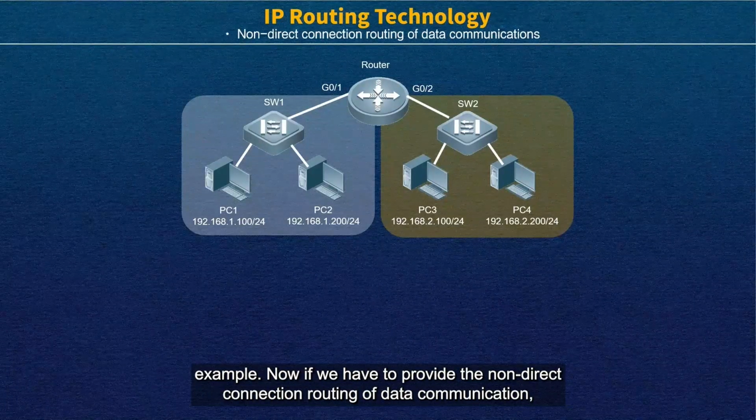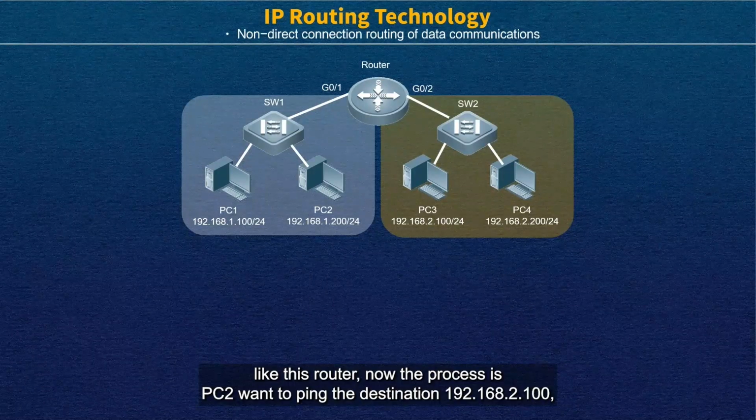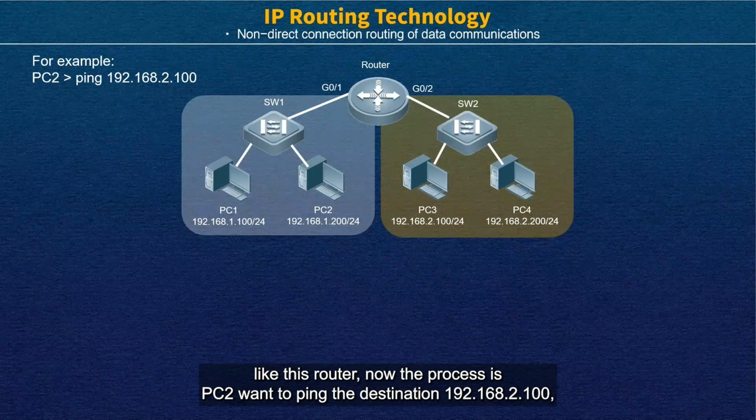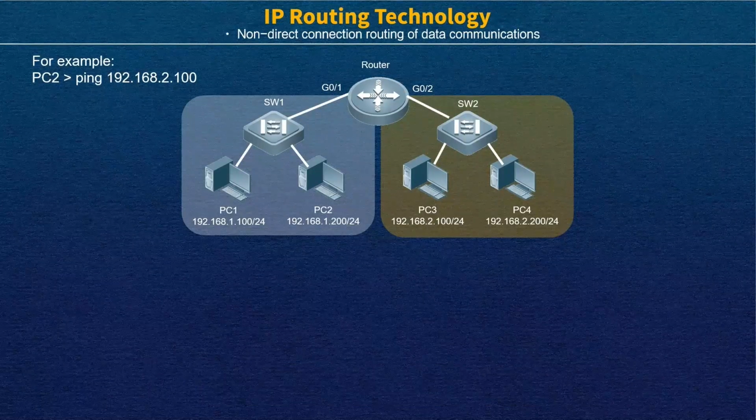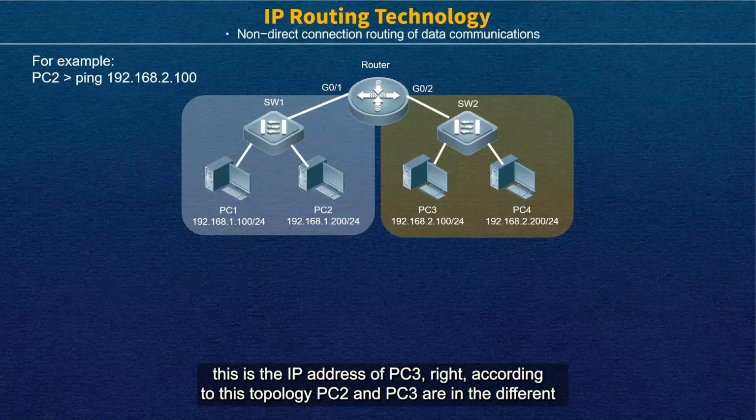Now if we have to provide non-direct connection routing for data communication, like this router, now the process is: PC2 wants to ping the destination 192.168.2.100. This is the IP address of PC3, right? According to this topology, PC2 and PC3 are within different IP segments.